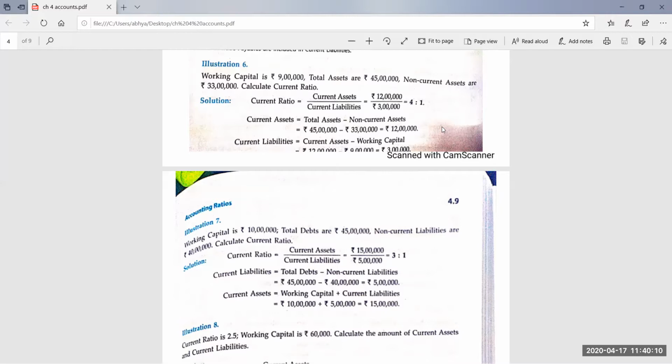It means if current liability is 1, then the current assets are 2.5, or if we take current liabilities as X, then the current assets will become 2.5x. So you have to just find out the value of X.